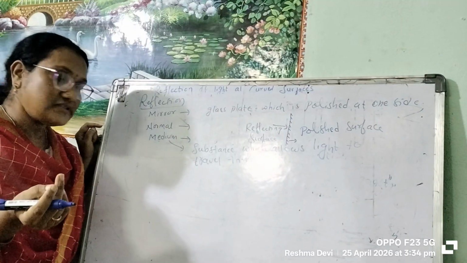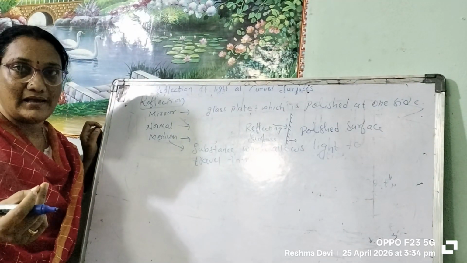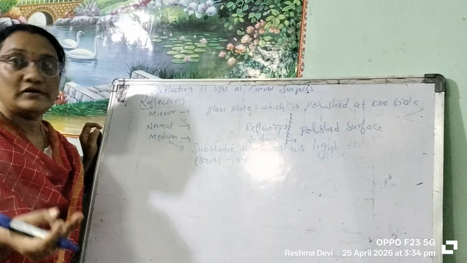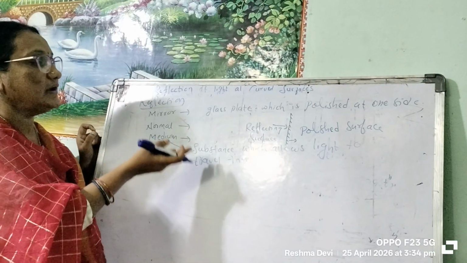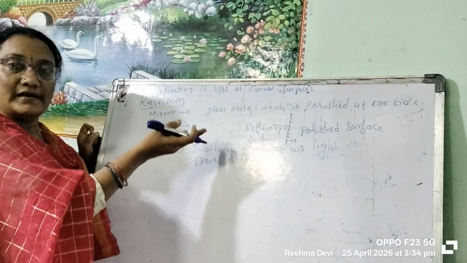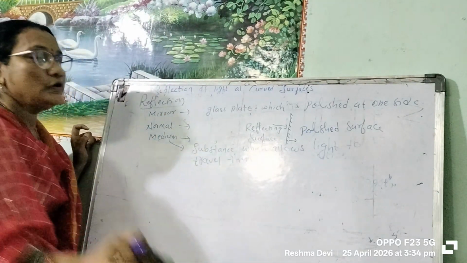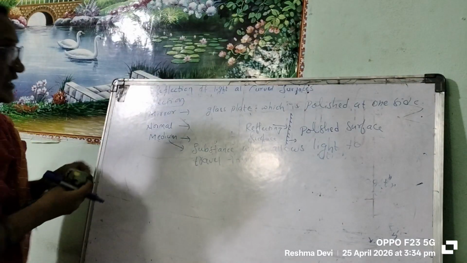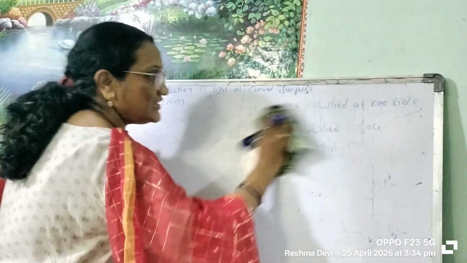The substances through which light can travel, we call a medium. Now next, let us move to normal. If we can define normal, then we can define reflection perfectly.